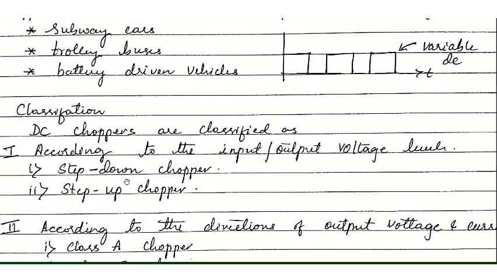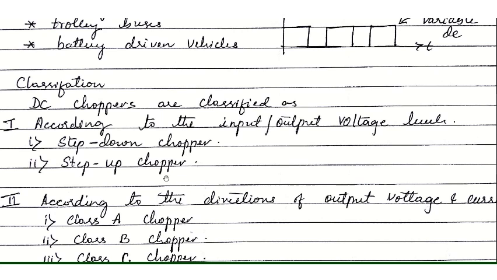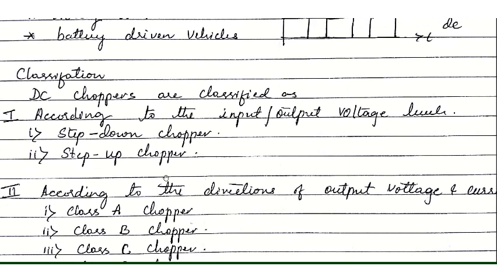As the name indicates, in a step down chopper, the output voltage will be less than the input voltage. In a step up chopper, the opposite, the output voltage will be greater than the input voltage.